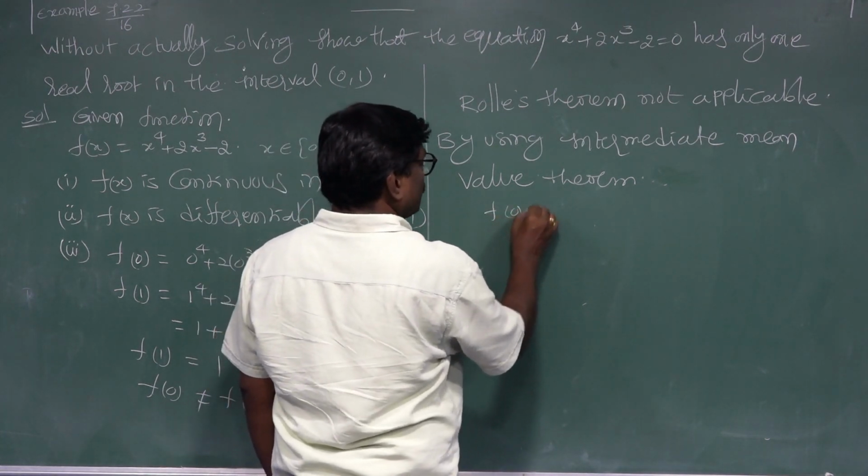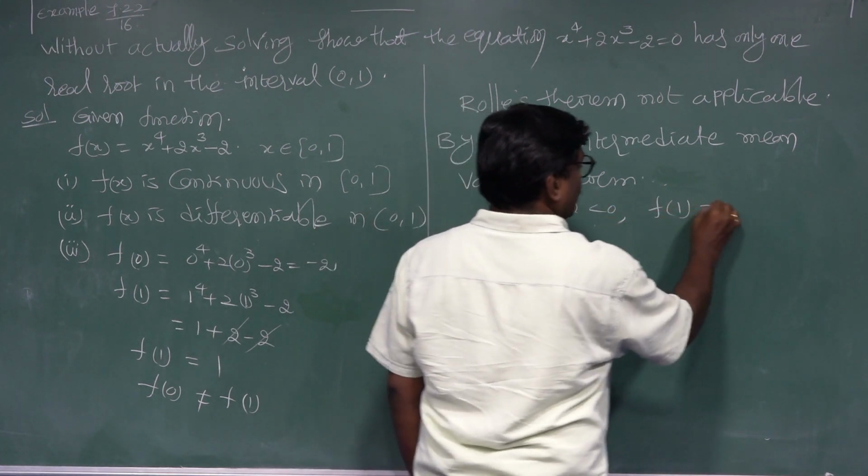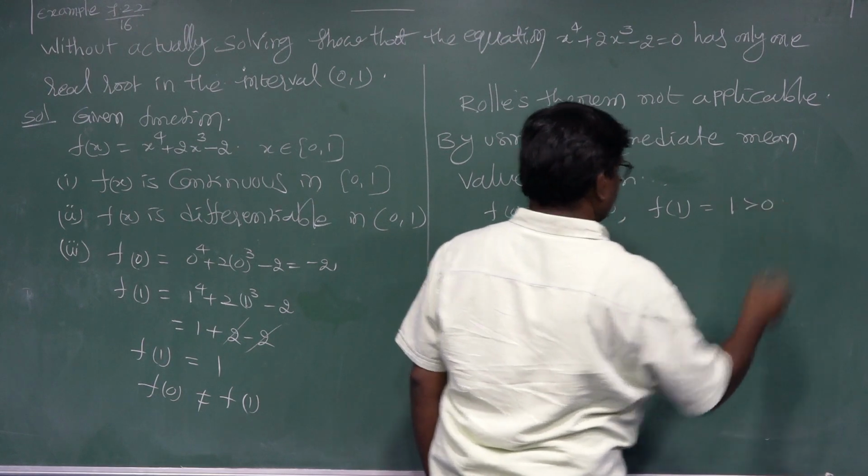f(0) = -2, which is less than 0. f(1) = 1, which is greater than 0.